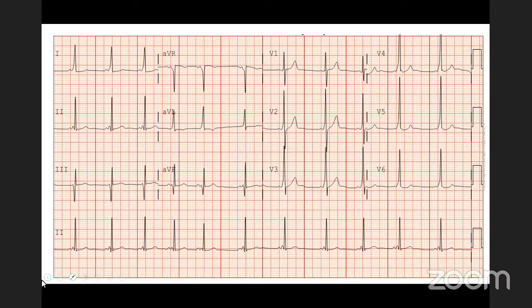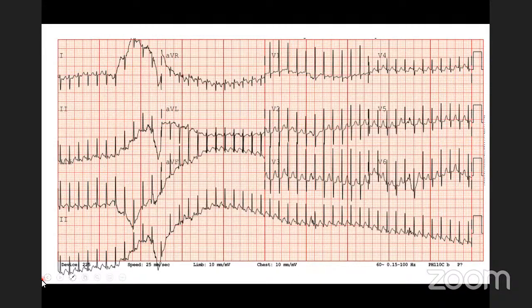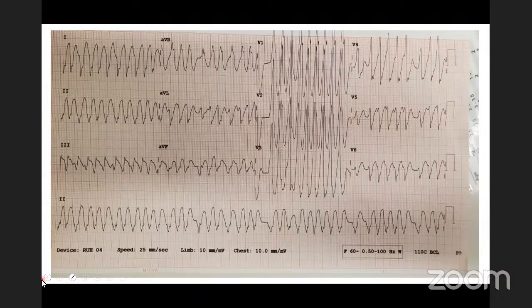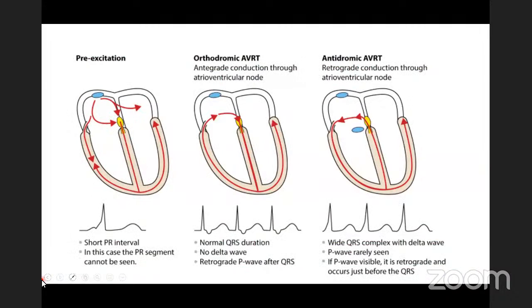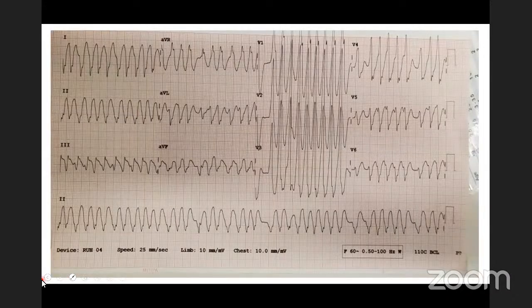Again, the ECGs of paroxysmal SVT I showed before: these three types. So pre-excitation I showed, and then there's orthodromic AVRT I showed here. And then this is antidromic AVRT, which gives you a wide complex rhythm. It's again because of this extra connection or accessory pathway, but it gives you a wide complex rhythm.